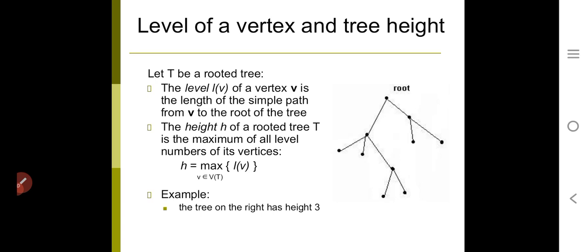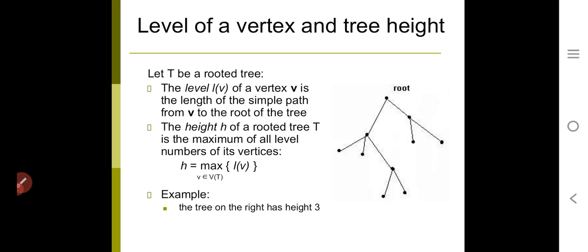Then we find a formula. We denote h as the height and the level of a vertex as L of V. Then the formula is h equals the maximum of L of V. So the maximum of the levels of the vertices is the height.